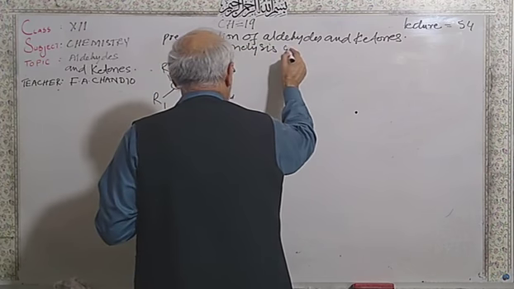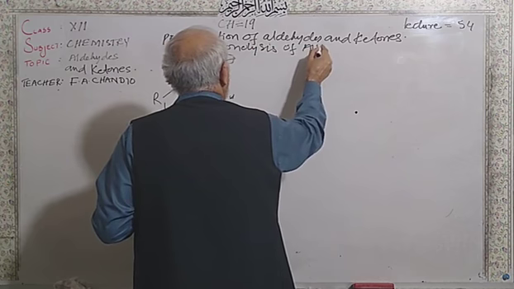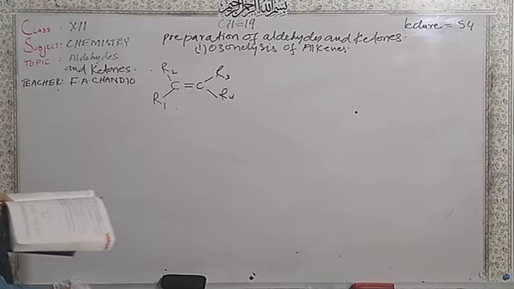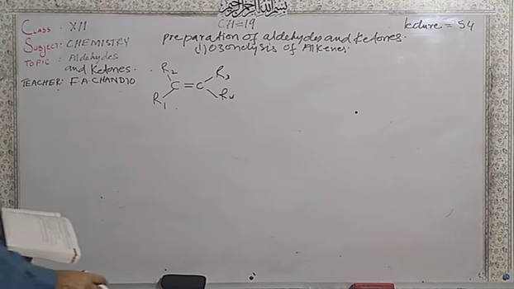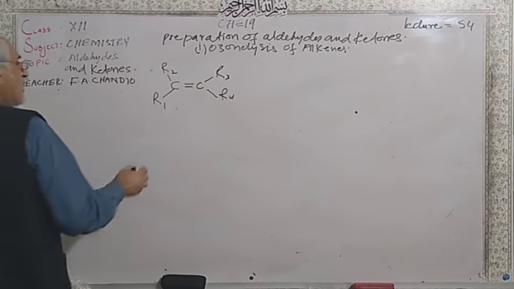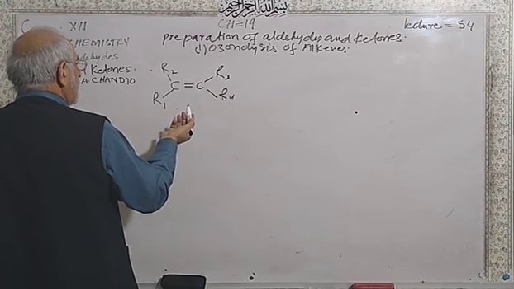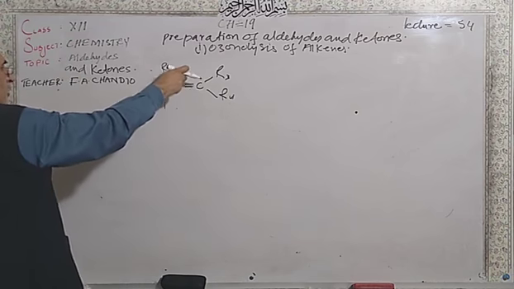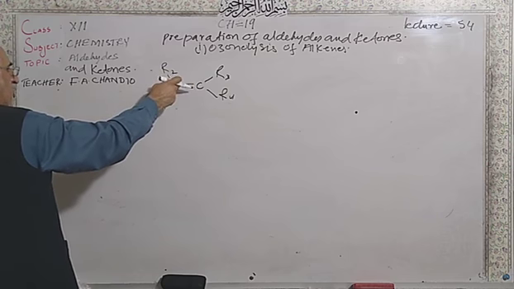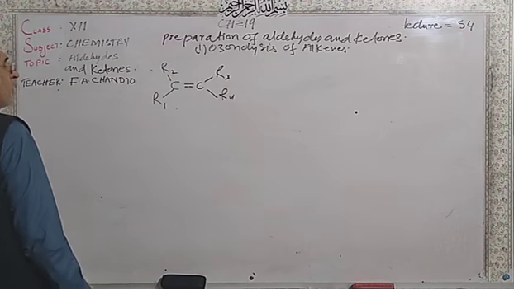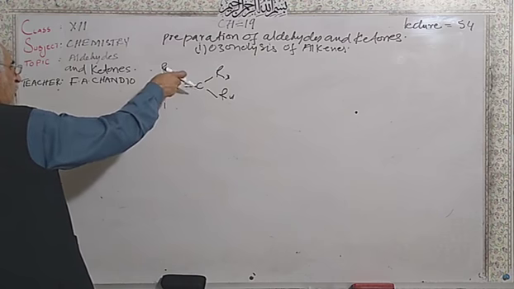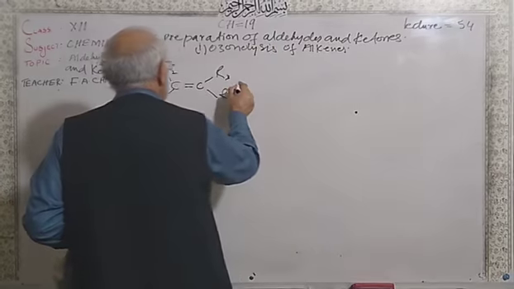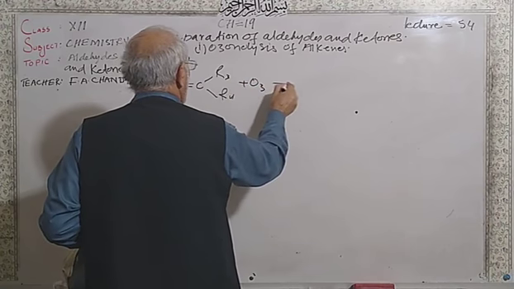Ozonolysis of alkenes. This is very simple if I write it in the general way. Break this double bond, put oxygen here and oxygen here, and you will get a ketone like this one.